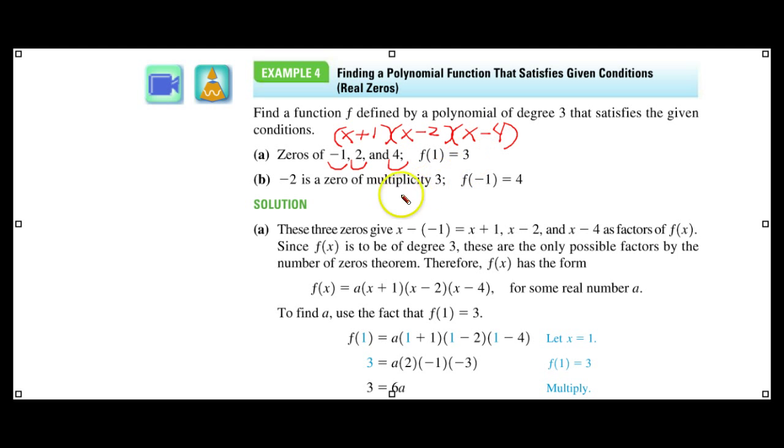Now they give us this down below, but we still don't know one of the concerns, which is a. So we have this, and we say this is going to equal 0 over here.